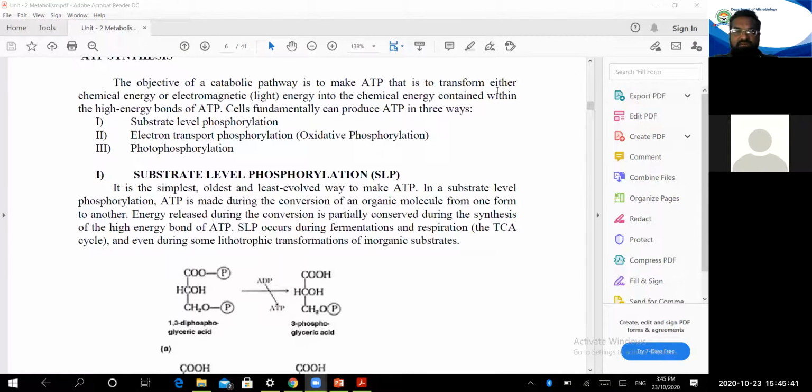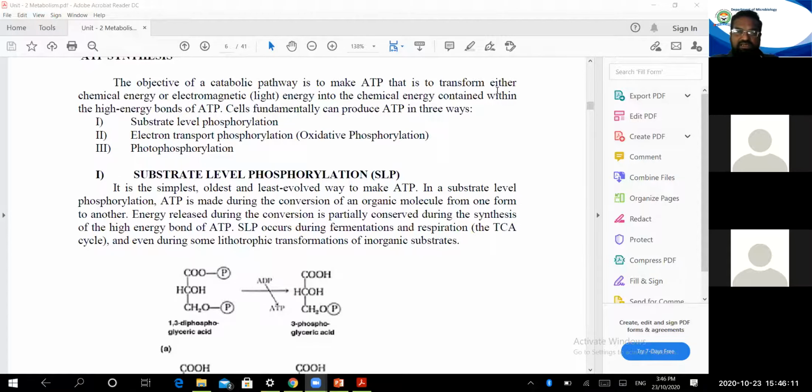Now, in other organisms, there are two ways. If you see bacteria, fungi, or human beings, all these organisms may adopt either substrate level phosphorylation or oxidative phosphorylation, famously known as electron transport phosphorylation, which is carried out through electron transport chains.